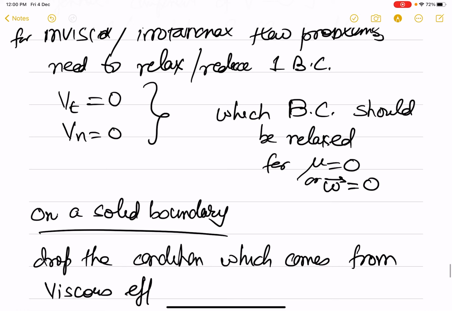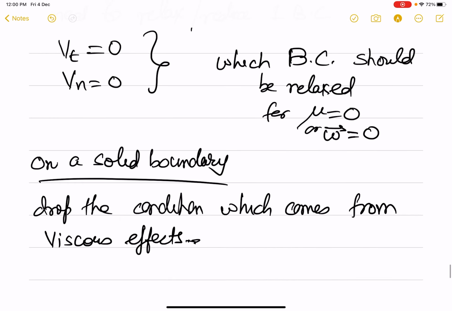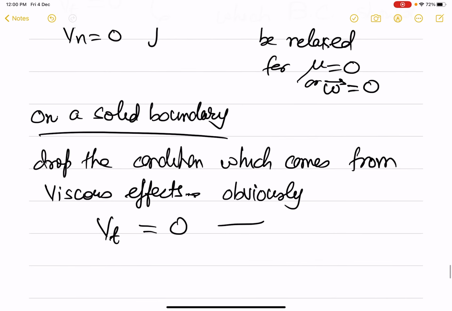because now we are dropping viscosity, and even when we say irrotational, it's the cross derivative. So once again it's the viscous effects which come into the picture, and obviously the condition which comes from viscosity is the tangential component of velocity is equal to 0.